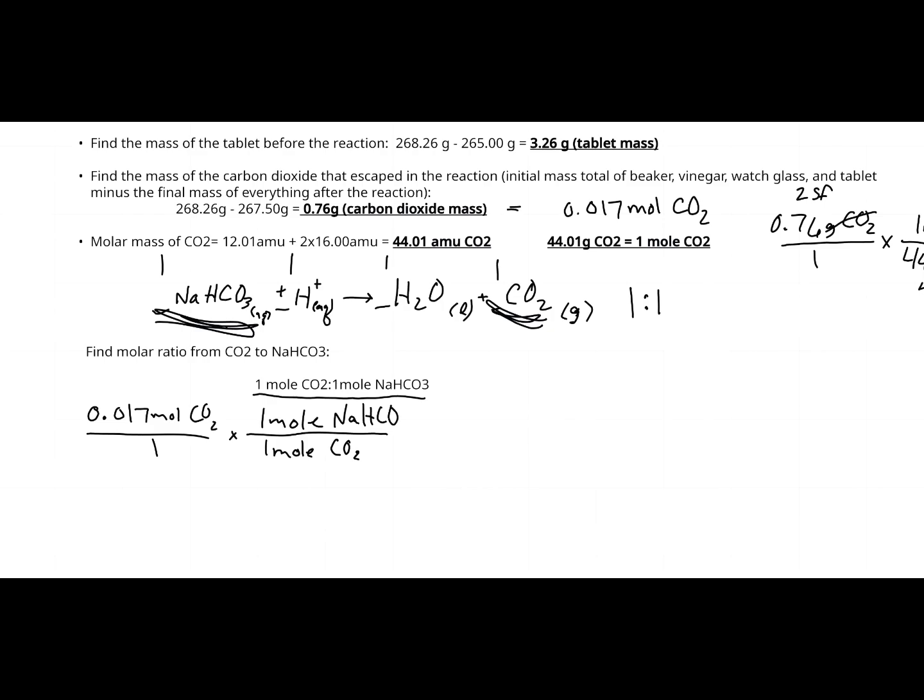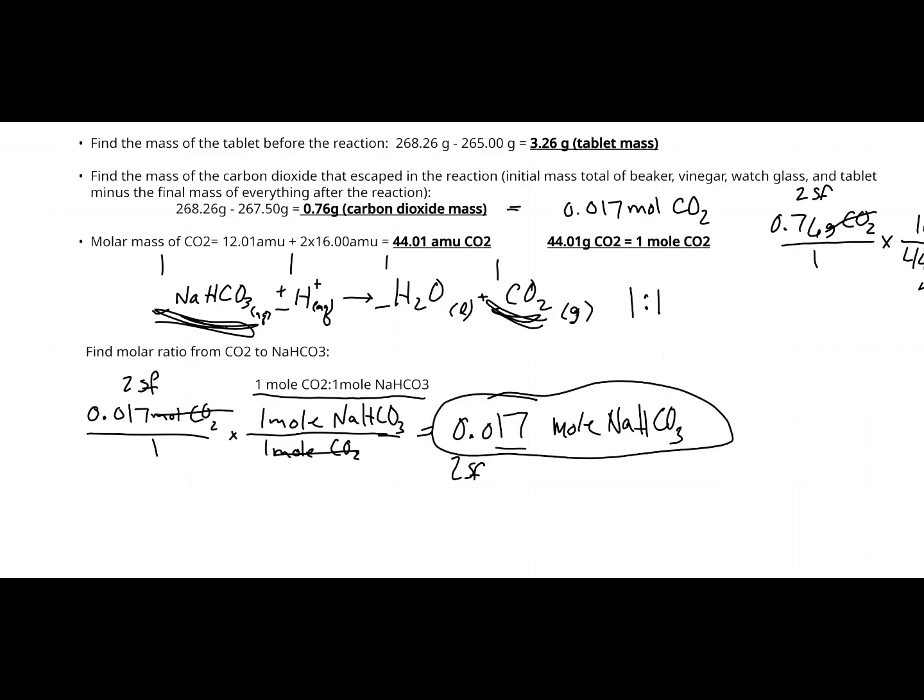I would cancel out my moles of carbon dioxide and I'd be left with moles of sodium bicarbonate. And if I do 0.017 times 1 divided by 1, I'm left with the same thing. Again, getting to keep 2 sig figs here because I had 2 sig figs here, and these don't count, okay? So this is how many moles of sodium bicarbonate I started with in here.